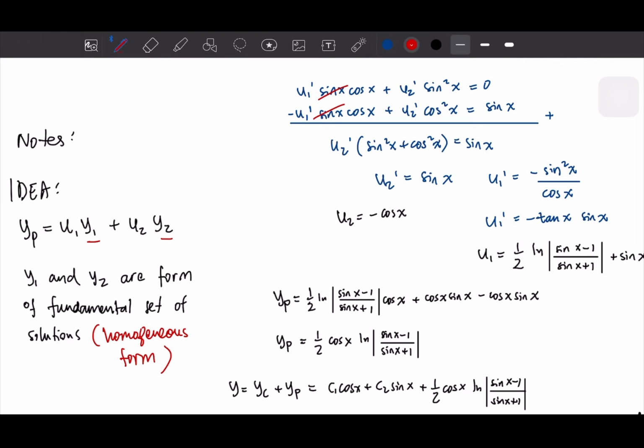Okay, we need a more general approach to find our yp, which includes the matrix, and to solve the matrix, I have to still remember the Wronskian. We need the Wronskian to solve. The Wronskian is a determinant, right? The determinant using the matrix. So we are going to solve the problems here using a little bit of matrix.